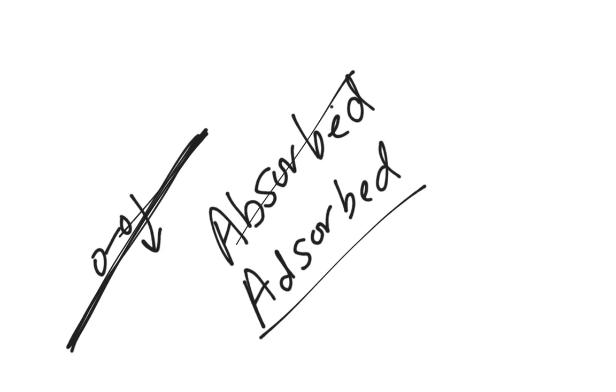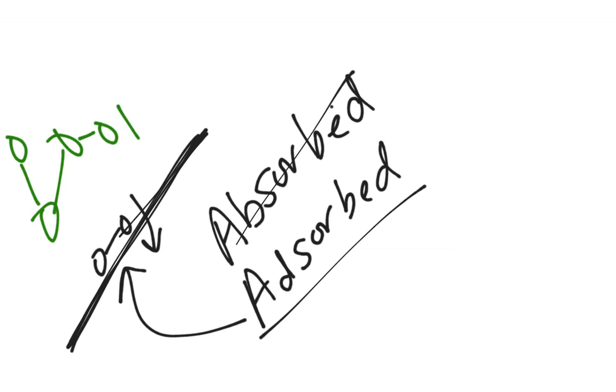Adsorbed means it binds to the surface only, it doesn't go in. So with heterogeneous catalysts, it is adsorbed to the surface. It gives it the orientation, everything set up so that when the other molecule comes, it's set up to react now.